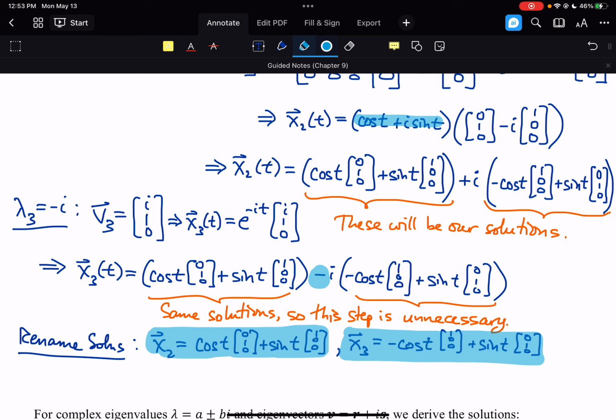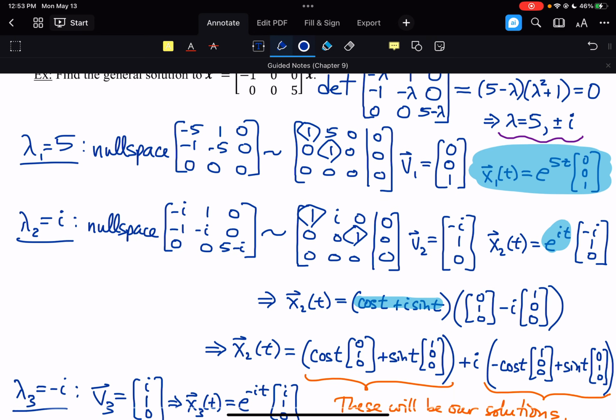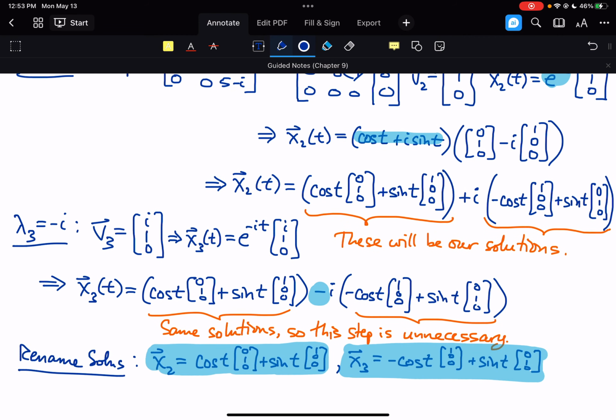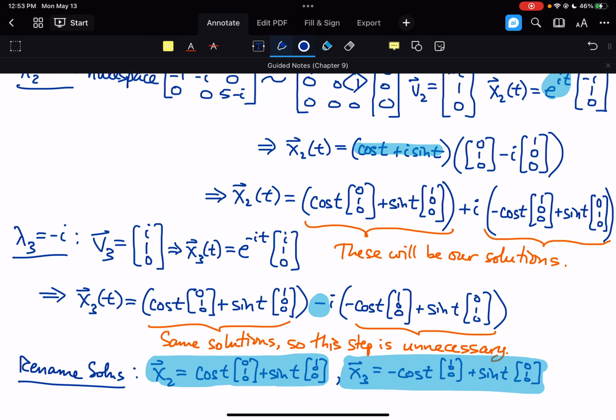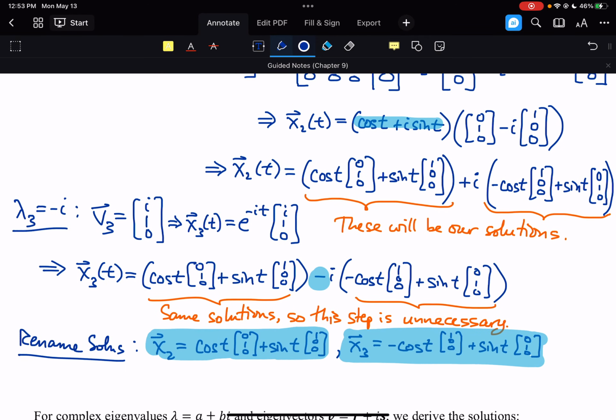So we have a 3 by 3 matrix back up here at the top, and it's non-defective. Each eigenvalue produced one eigenvector. And now our general solution will just be the linear combination of x1, x2, and x3.